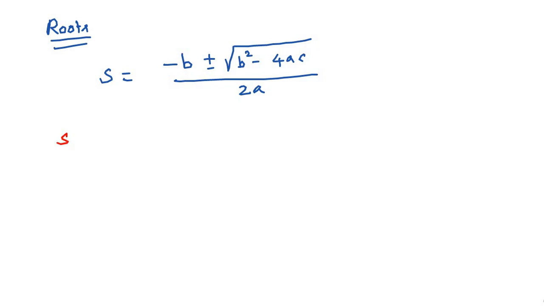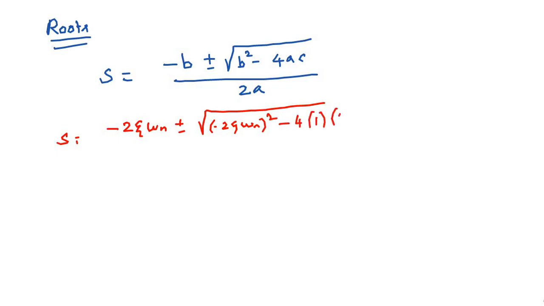Okay, so S is equal to, instead of minus B, you write down 2 zeta omega n, plus or minus root of B square. So 2 zeta omega n, the whole square with the minus sign, minus 4. The A value is nothing but 1 and the C value is nothing but omega n square, divided by 2 into 1.